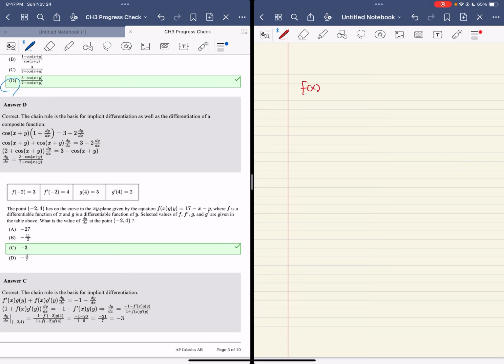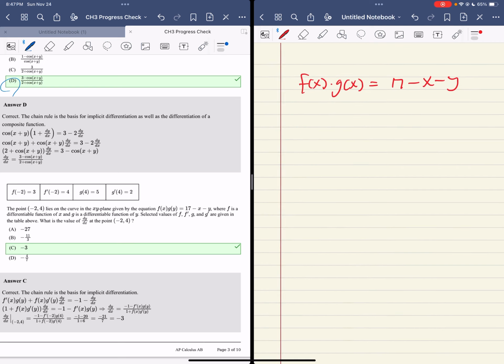f of x times g of x is equal to 17 minus x minus y, and I've got to find dy dx. So it's an implicit differentiation. When I take a derivative, that's going to be the product rule.